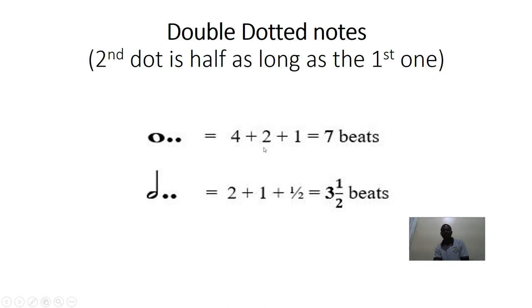So a double dotted semibreve is 7 beats long. Also, a double dotted minim is 2 plus 1 plus a half, which is 3.5 beats. Work with your friends, with your colleagues, and explore more with other notes.